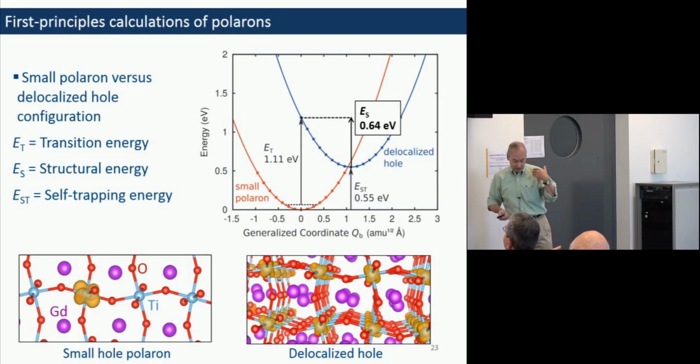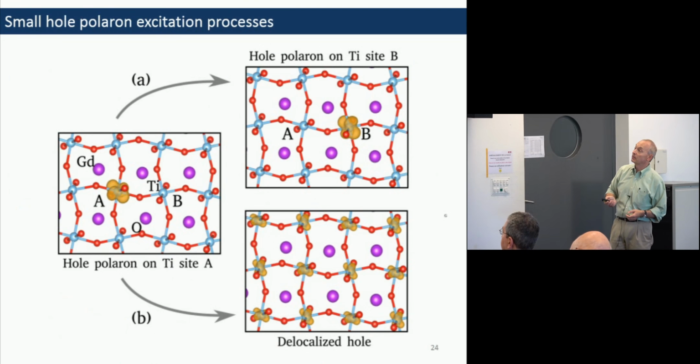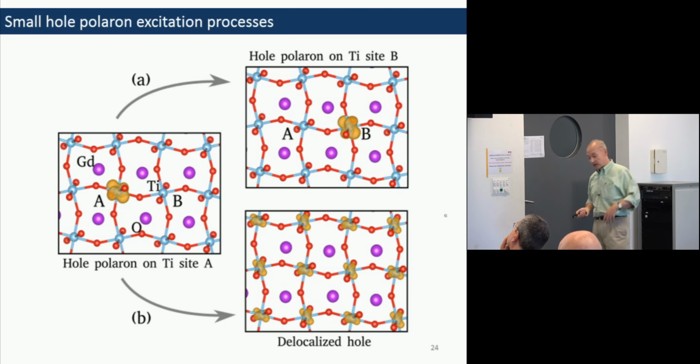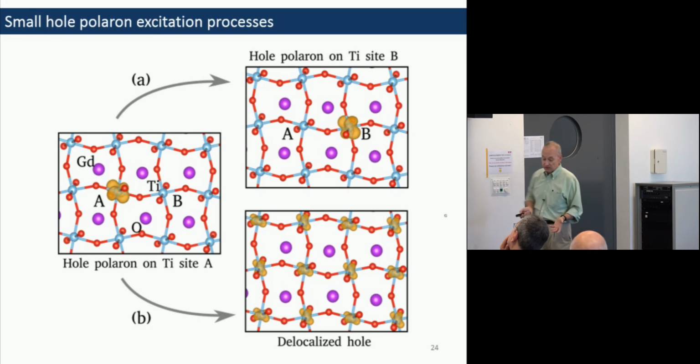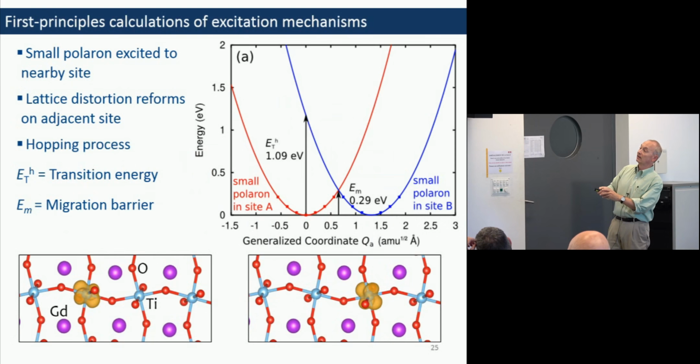So that's one possible absorption process that we investigated, okay, whereby the polaron that's sitting on a particular site would become delocalized. Now, the other way in which a polaron might absorb light or be excited is by hopping from one site to another site, okay? And that's illustrated here.